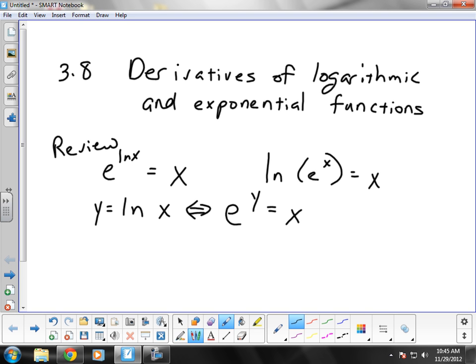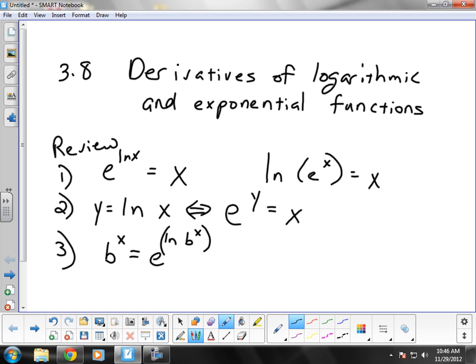Now, there's one last rule that I want to remind you about that we didn't use a whole lot before, but we are going to use it here in calculus. If we have b to the x, where b is some number besides e, just a number raised to an exponent, then I can rewrite that, because by the inverse operation, I know that e to the ln of b to the x just reduces to b to the x, right?